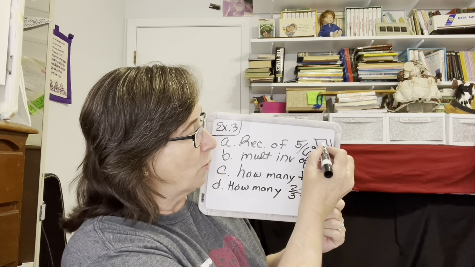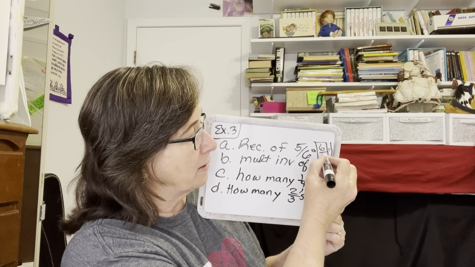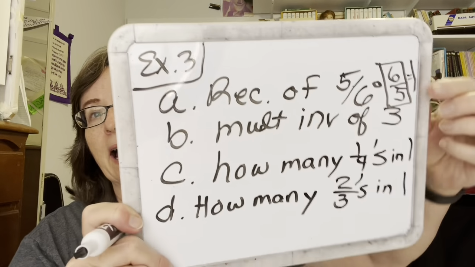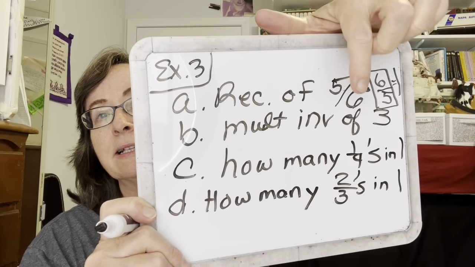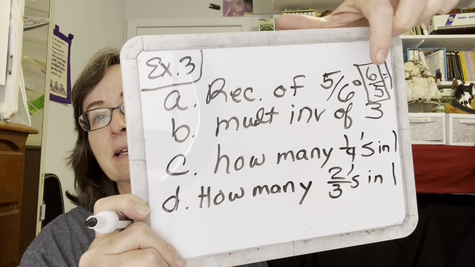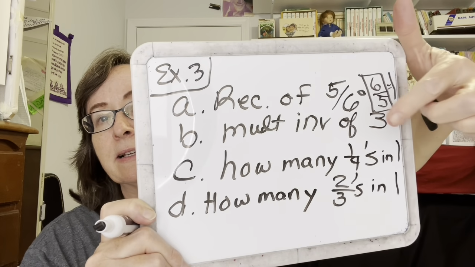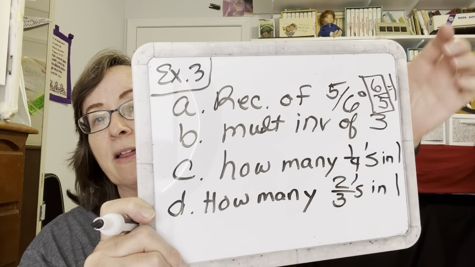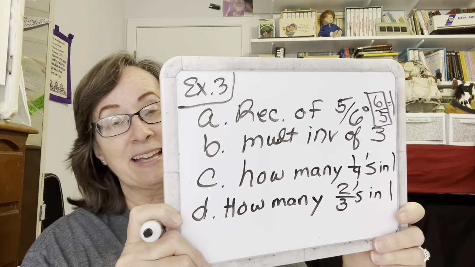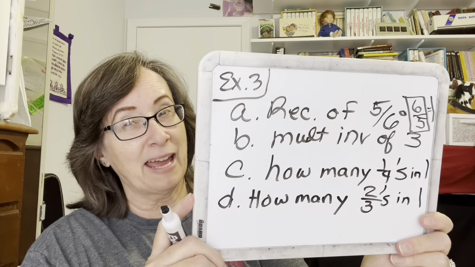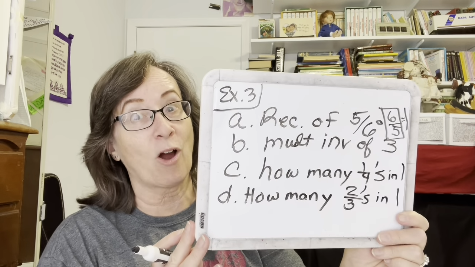Okay, so if we flip 5/6 over and we multiply, wouldn't we get 1? We have 5/6 times 6/5. 5 times 6 is 30. 6 times 5 is 30. 30 divided by 30 is 1. Okay, so the reciprocal of a fraction is just the fraction itself flipped upside down.